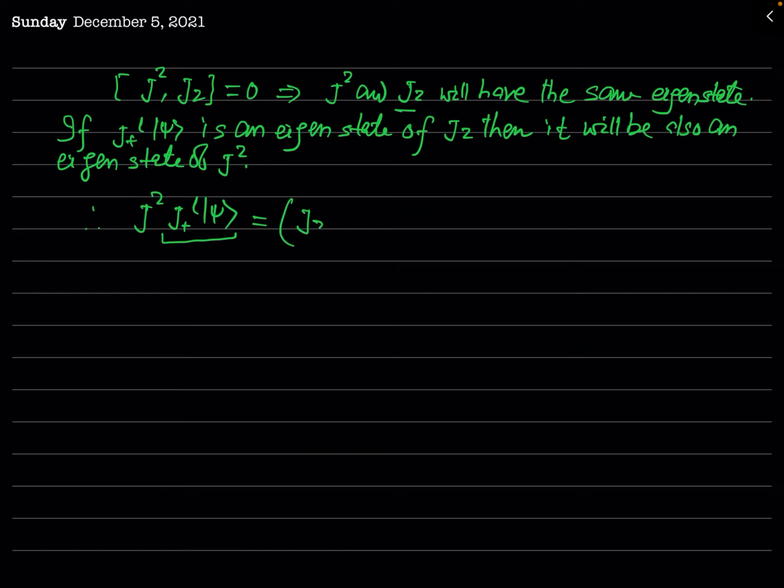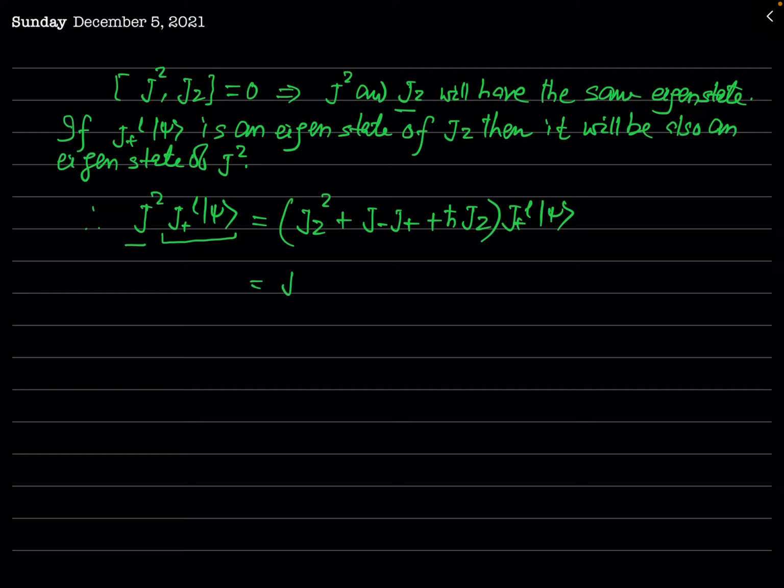This is jz square plus j minus j plus h bar jz. This I have written instead of this j square, and the eigenstate is j plus L k psi. Now simplify this RHS a little bit.